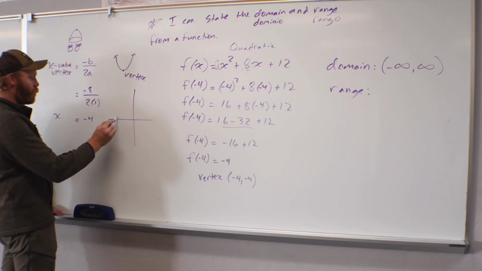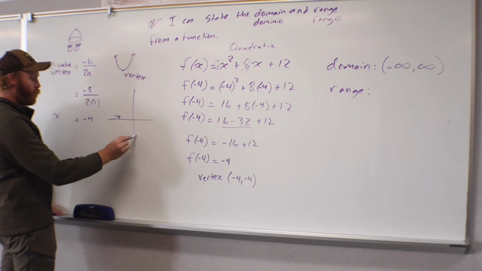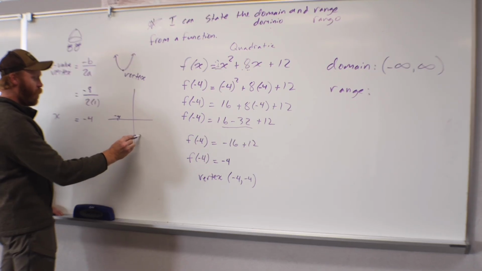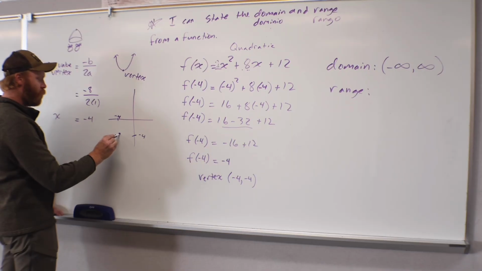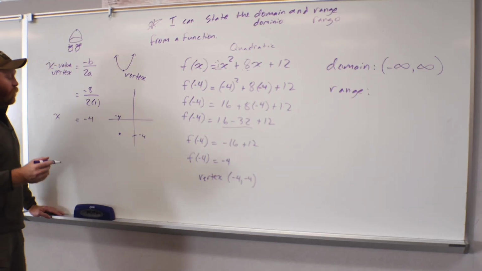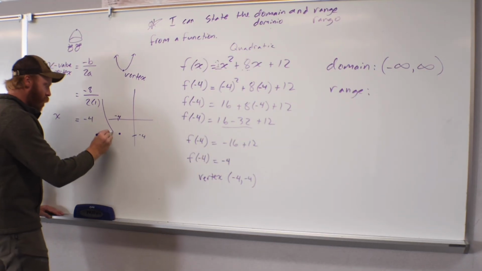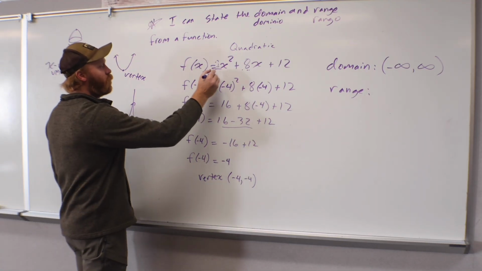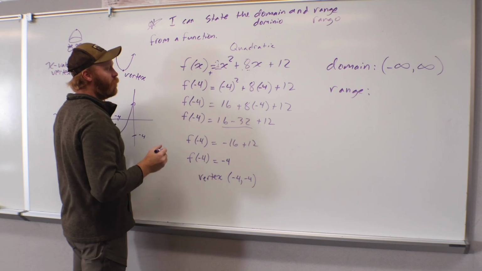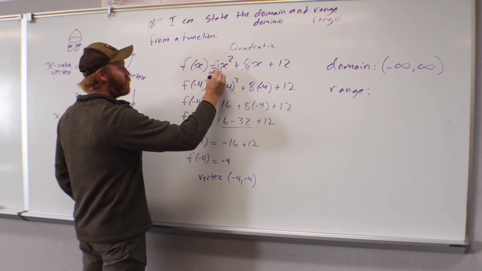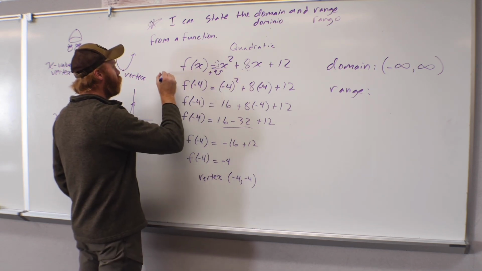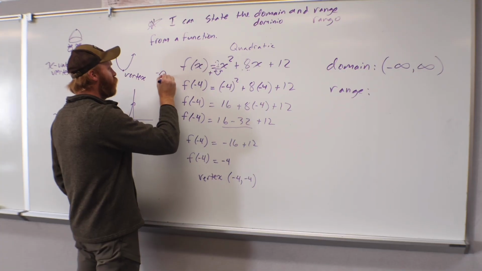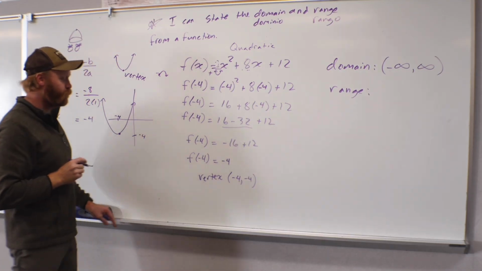So we would go over negative 4, and then we would go down negative 4, and that's where that vertex is going to be. This parabola is going to open up. I know that because my leading coefficient is positive. If it's positive, it opens up. If that leading coefficient is negative, that's where it's going to open down.